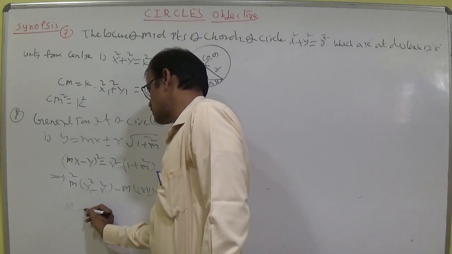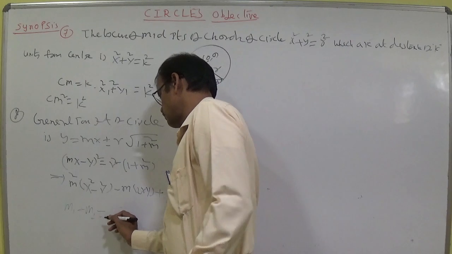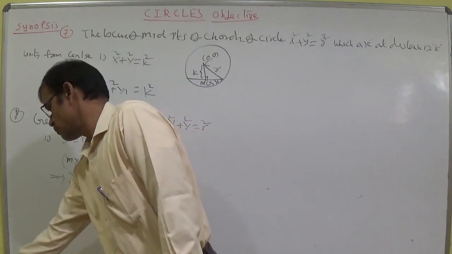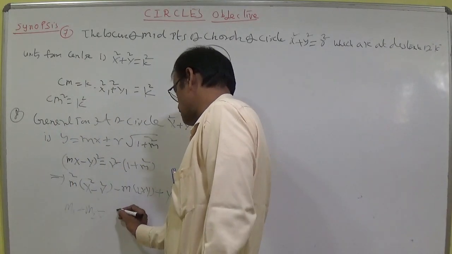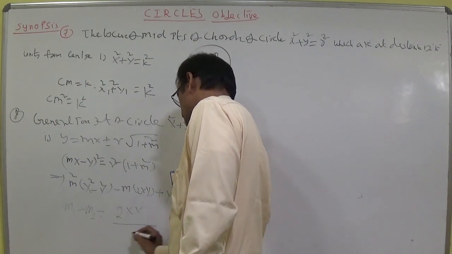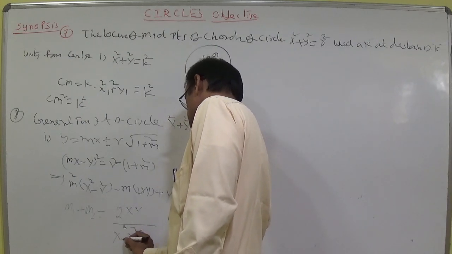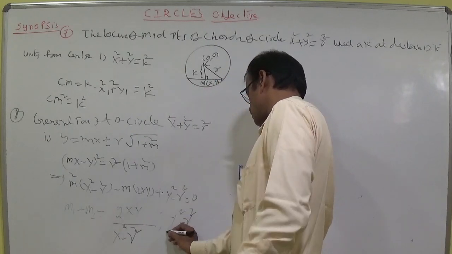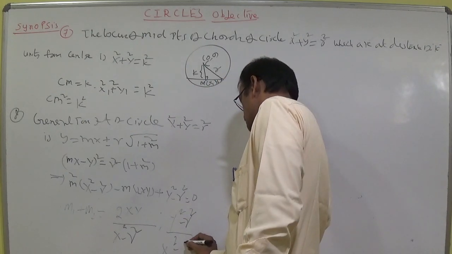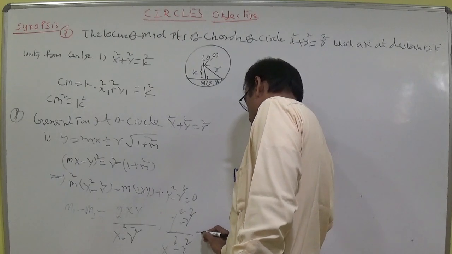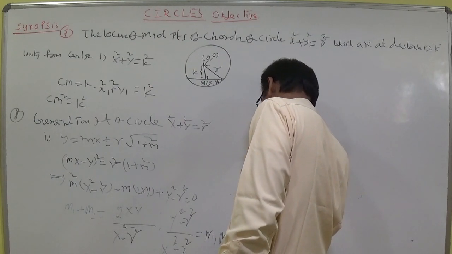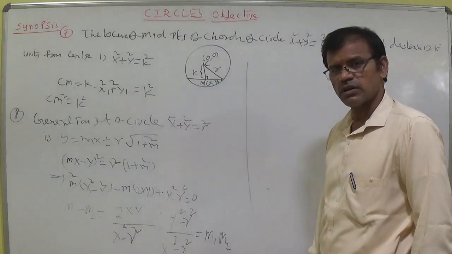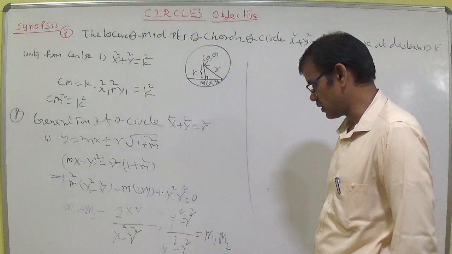This is a quadratic equation in m. If m1, m2 are roots of this quadratic equation, we can write the sum of roots m1 plus m2 is equal to 2xy by x square minus r square, and the product of roots m1 m2 is equal to y square minus r square by x square minus r square.